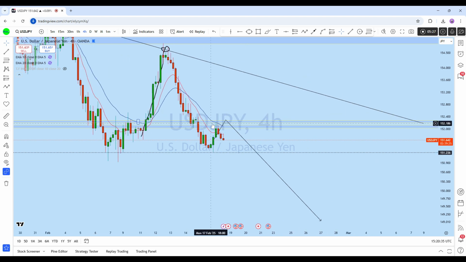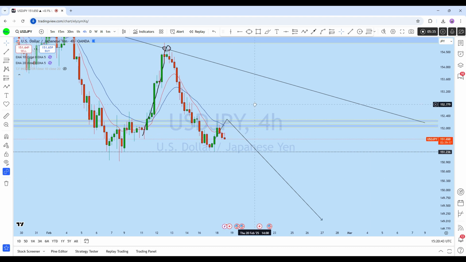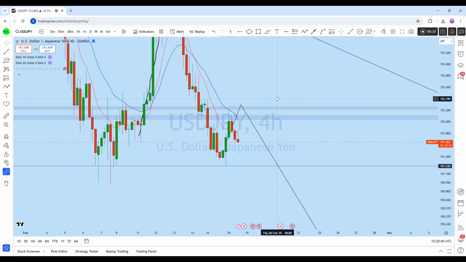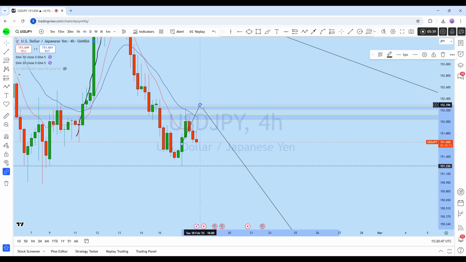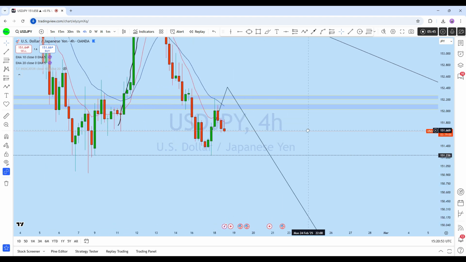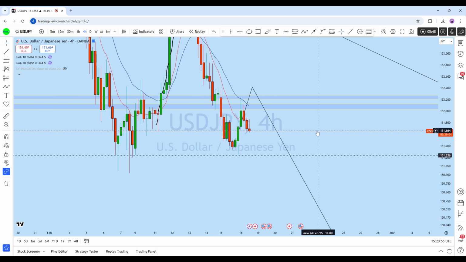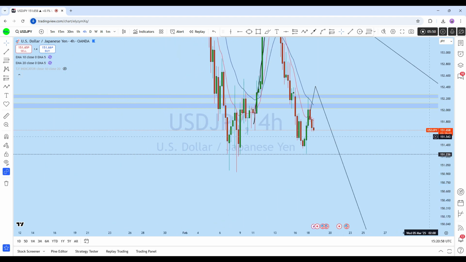One is for the price to respect this resistance and drop in that direction, or break above again, grab liquidity and then drop. So if the market bounces to this level, we could even see a break of this high and then a drop. So how can we understand which one will play out?